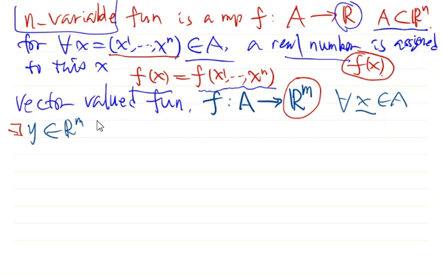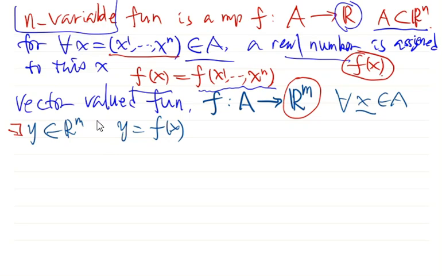For different x, you have different y. So this y is denoted by f(x). Both x and y are elements in Euclidean space: x in A, a subset of Rn, while y in Rm, another Euclidean space.